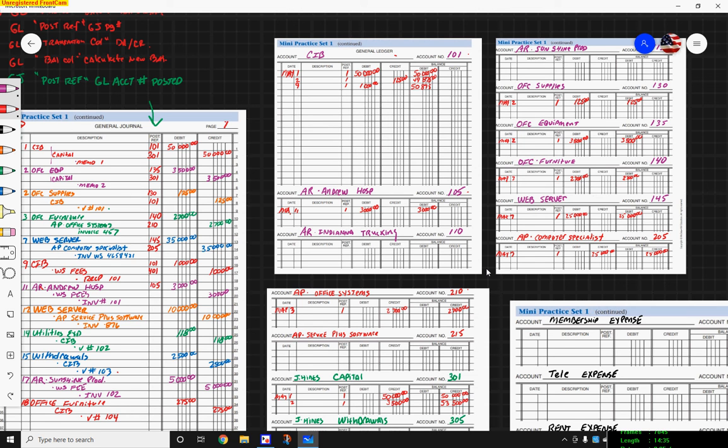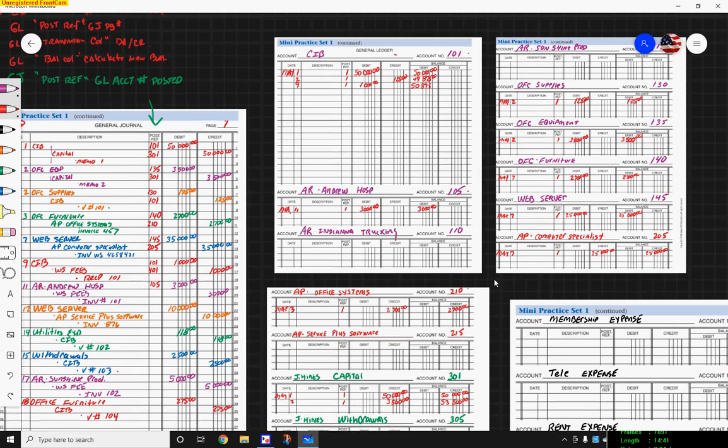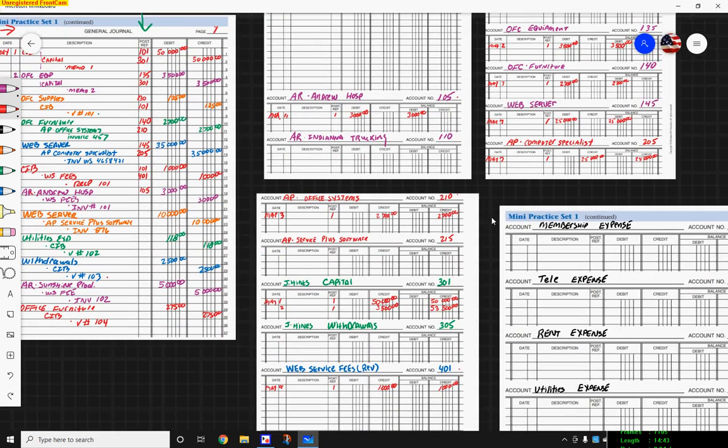We earned this revenue, even though we didn't get paid for it yet, so web service fees, and we can move this up here to web service fees, and we're going to say the date of the transaction was the 11th, came from journal page number 1. It was how much money? $3,000 credit. We increased our revenue by $3,000. The previous balance was $1,000.